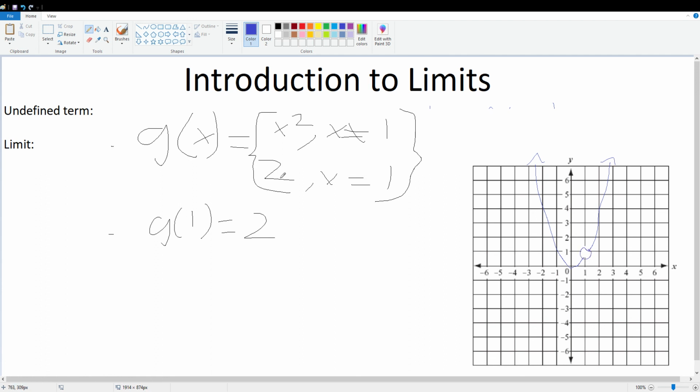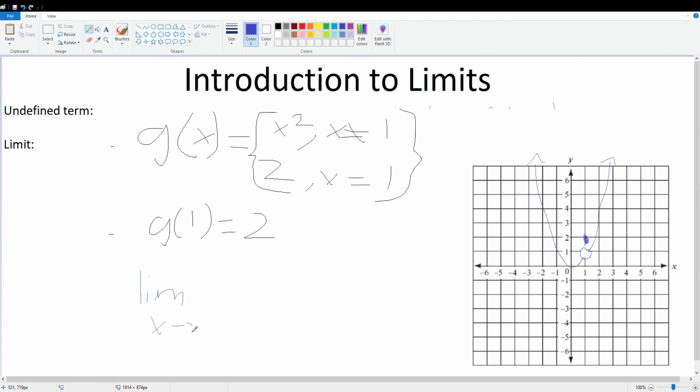However, if you were to plug in 1, instead of it being undefined, you're going to get 2 instead. So it's essentially saying all values of x are going to be along this parabola, with the exception of 1, which is undefined along the parabola. However, if you were to plug in 1 into the equation, you would get 2, essentially.